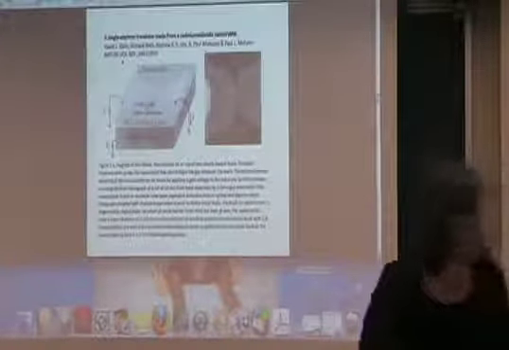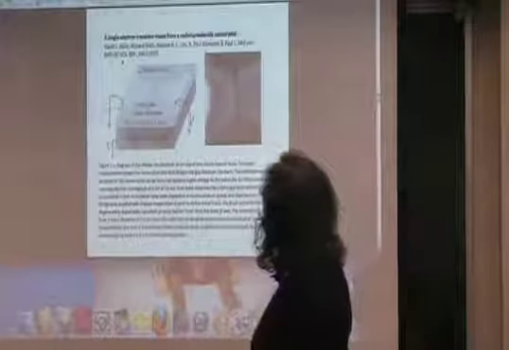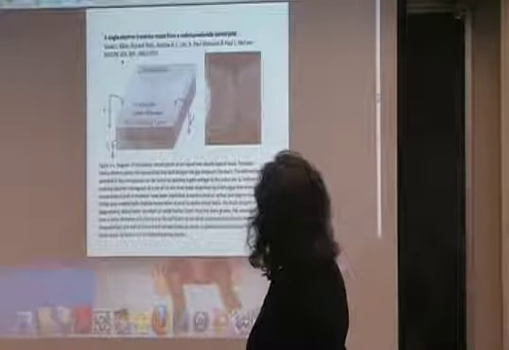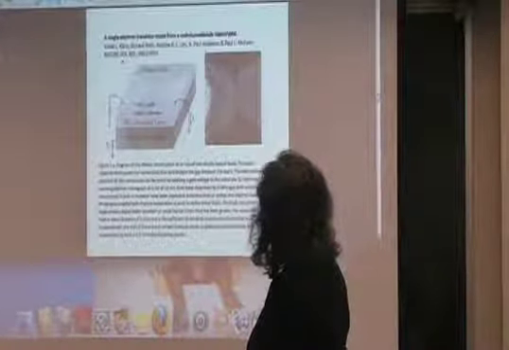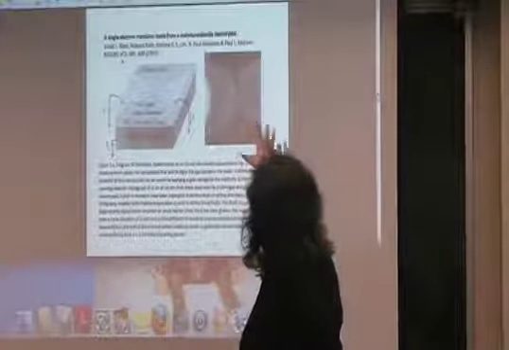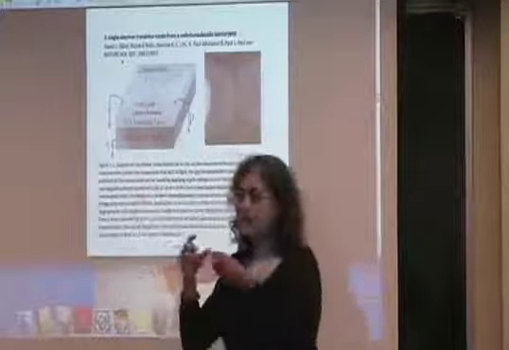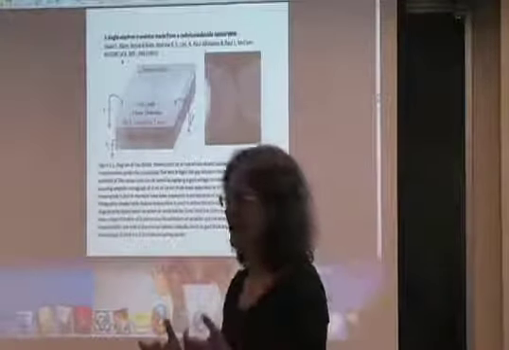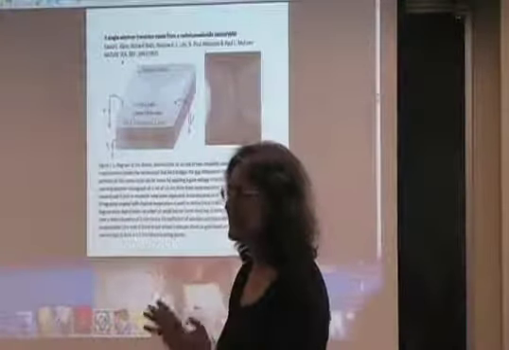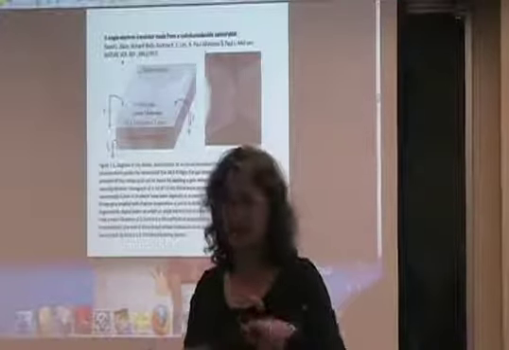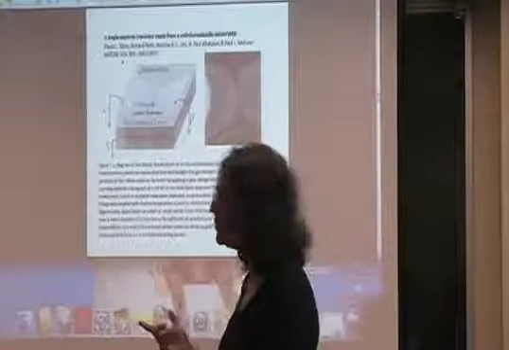This is a more recent paper. The title is A Single Electron Transistor Made from a Cadmium Selenide Nanocrystal. So what they have is all of these nanocrystals of cadmium selenide. Cadmium selenide itself is a very interesting material, and there will be another homework on its optical properties.